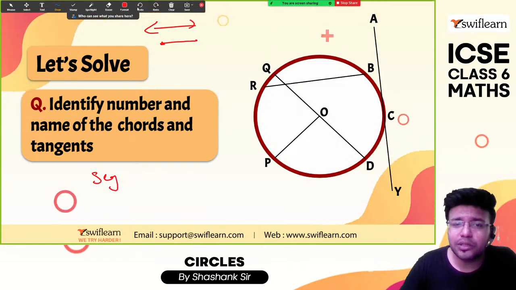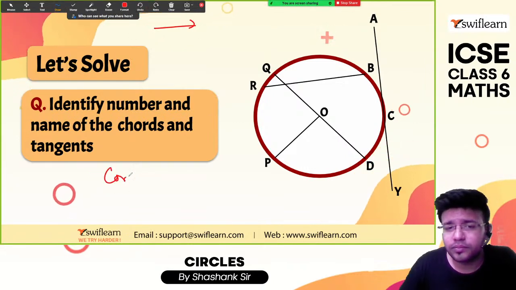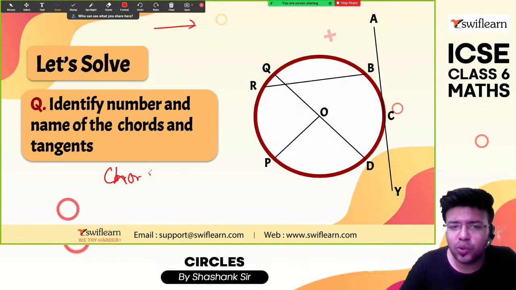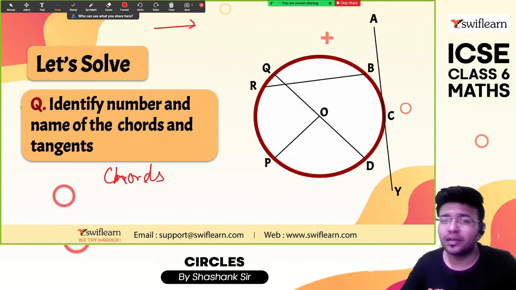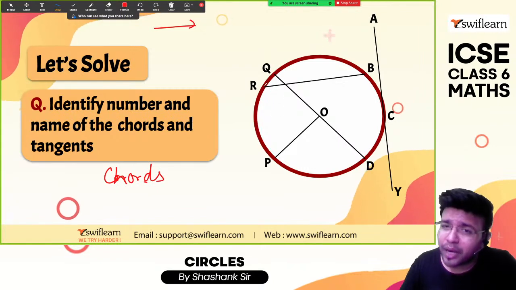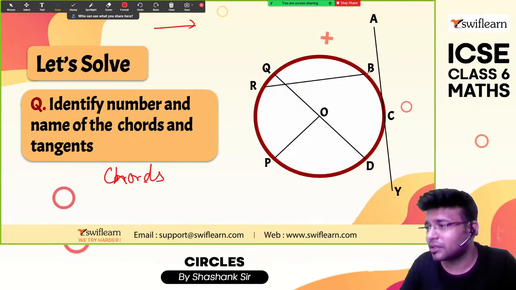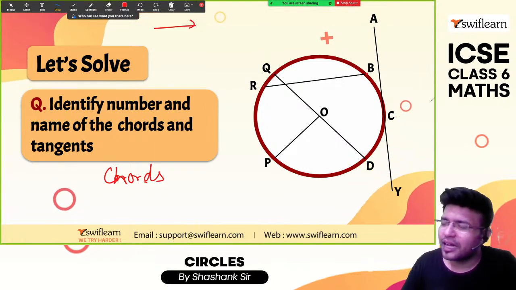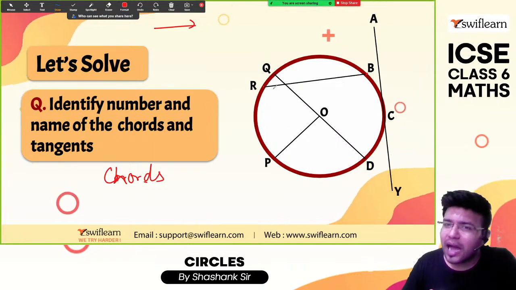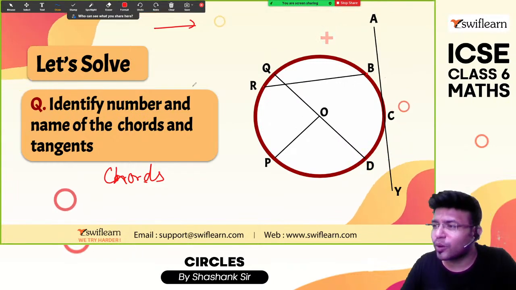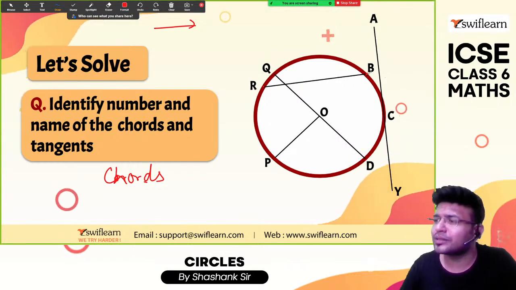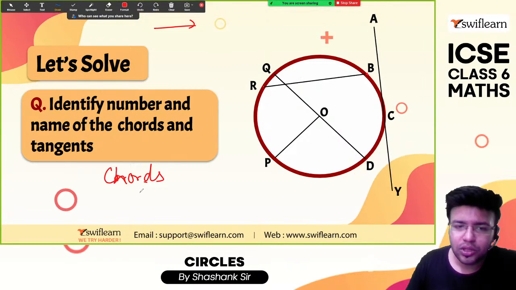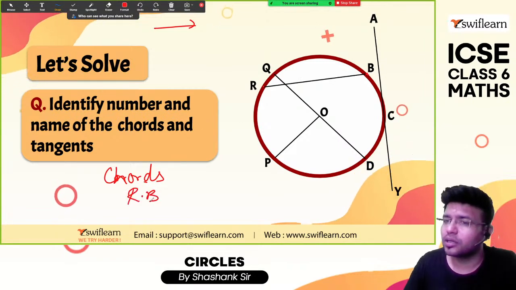Chords are made up of segments, and secants are made up of lines. So RB has a fixed length, we cannot extend it on both sides, so it has two distinct points on the circle. So RB is a chord.